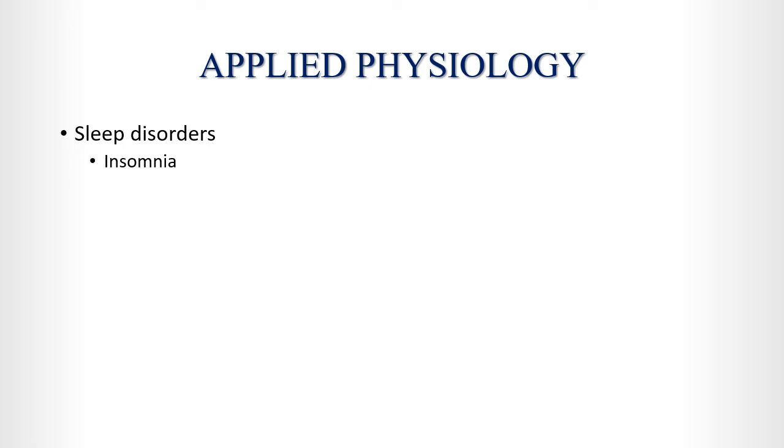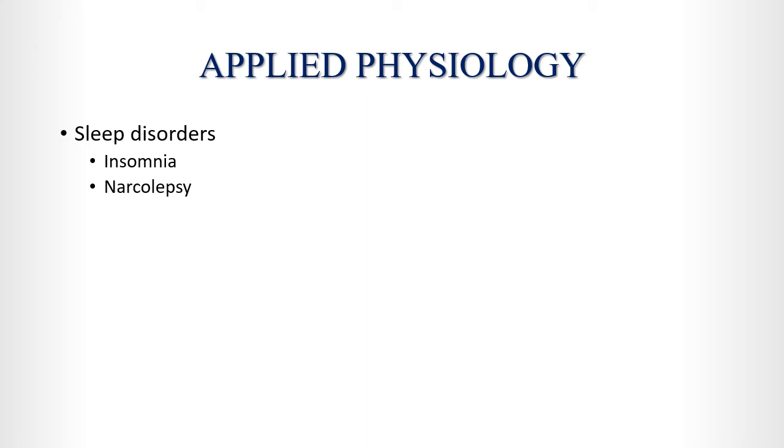First is insomnia. I think you should know insomnia is a chronic inability to sleep. That is, the person is not able to sleep even if he wants to. That is insomnia. Narcolepsy.